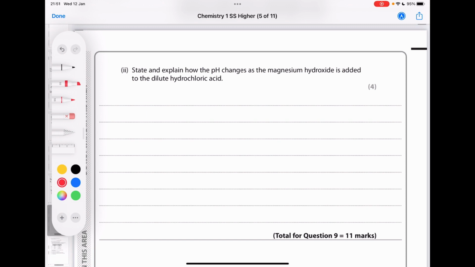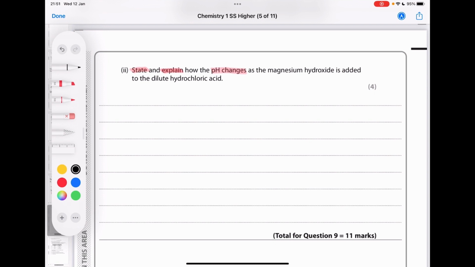Right, part 2. You are asked to state and explain how the pH changes as the magnesium hydroxide is added to the dilute hydrochloric acid. So, first bit, the state. There's 4 marks here. The state is the easy bit. What actually happens to the pH? Well, the acid is being neutralised, so the pH is increasing because the solution is getting closer to neutral.